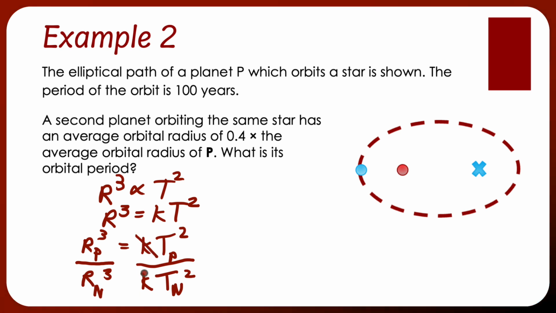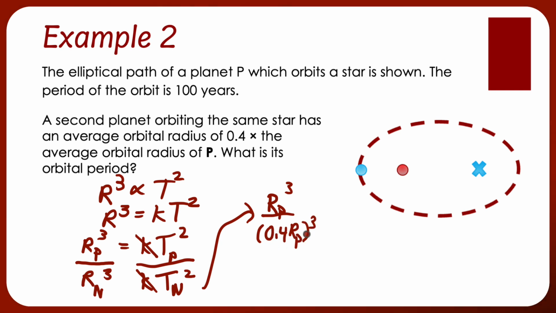Now notice I'm going to be able to cancel that with my k. And let me rewrite that up here. I'm going to have r of the planet cubed, and the new one has 1.4 times r of the planet all cubed. Notice that 1.4 is inside the bracket that will be cubed, and I need the period of the planet, which we know is 100 years, squared, and the new one is what we're looking for.